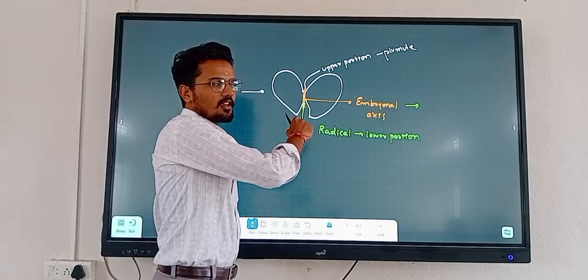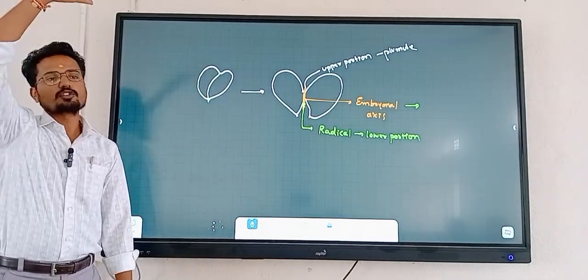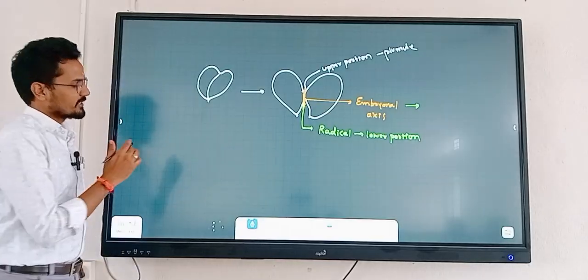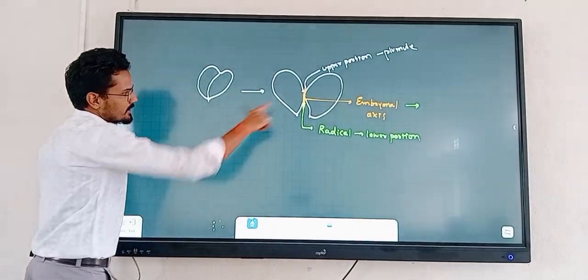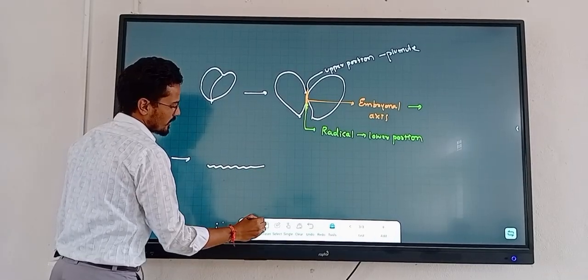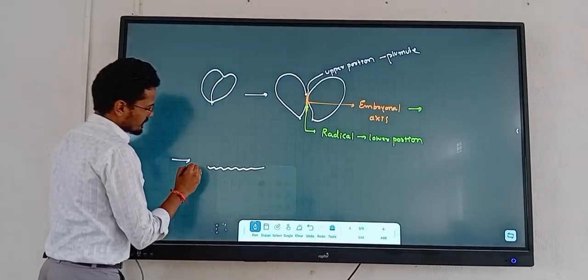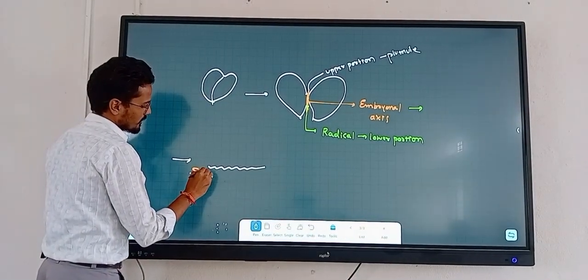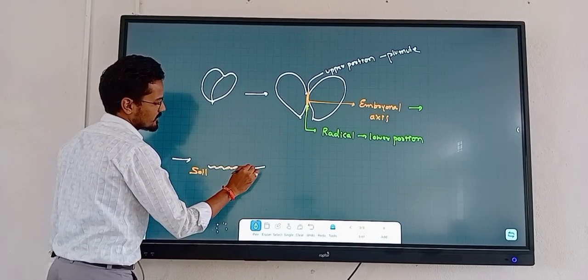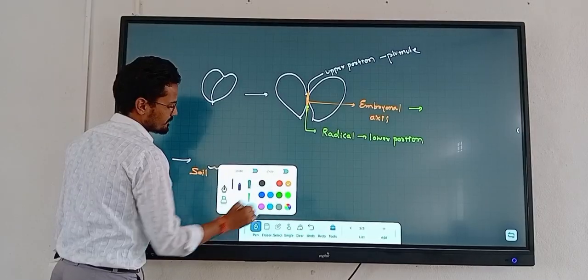From these only we get the shoot and root structure of the angiospermic plant. How? When we sow this seed in soil, this is considered as the soil surface.